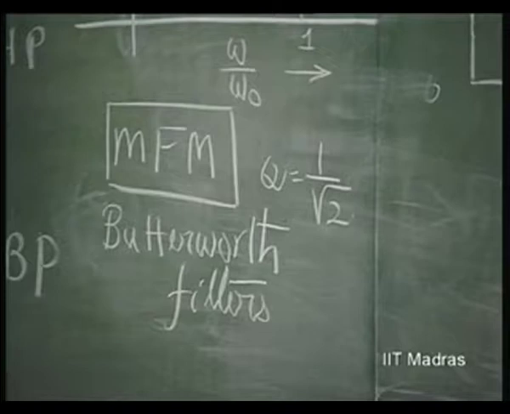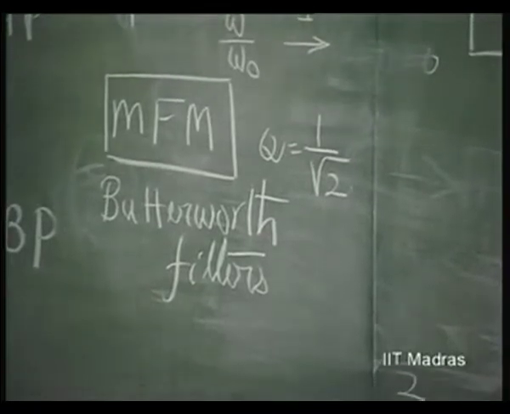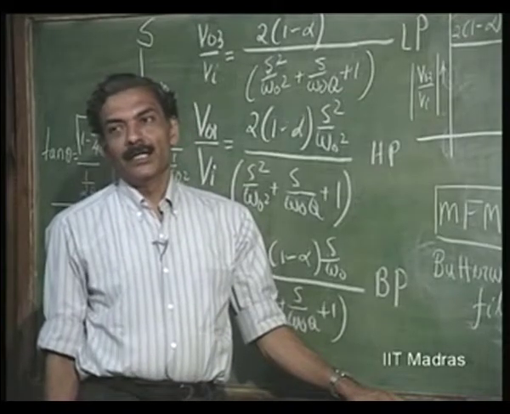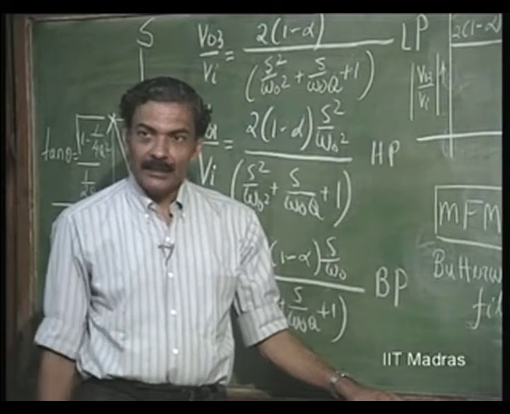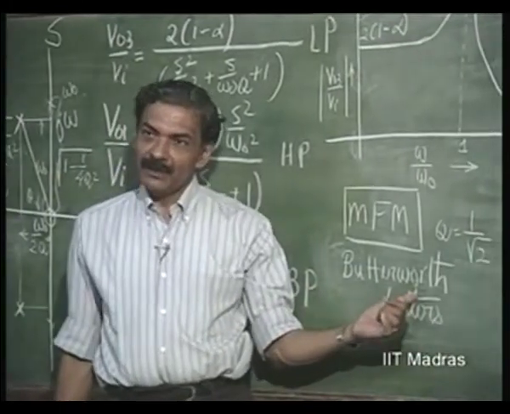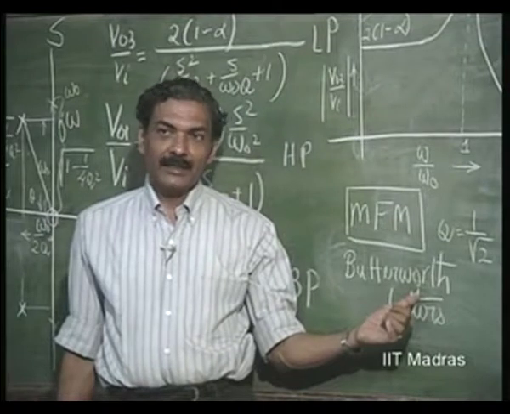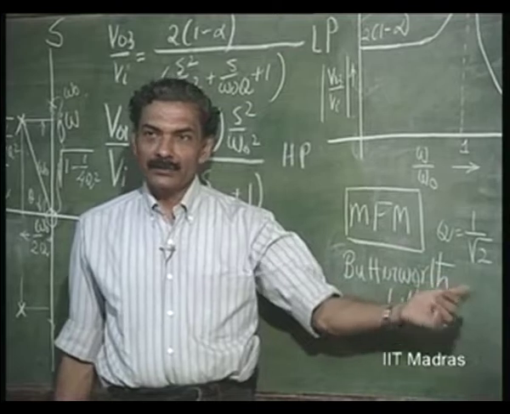The people have already mathematically decided for maximum flatness what kind of q you should have for second order filter, what kind of poles you should have for third order filter. All these things have already been done mathematically, and such filters with specific values of q's are called Butterworth filters. For second order, the Butterworth filter will have a q of 1 over root 2.